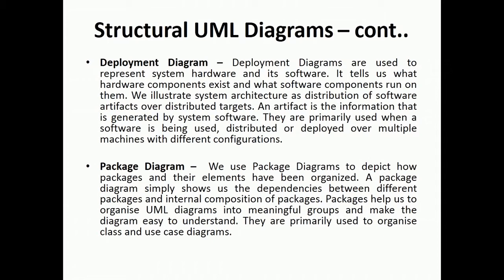We illustrate system architecture as distribution of software artifacts over distributed targets. An artifact is the information that is generated by system software. They are primarily used when software is being distributed or deployed over multiple machines with different configurations. So this is the use of deployment diagrams.